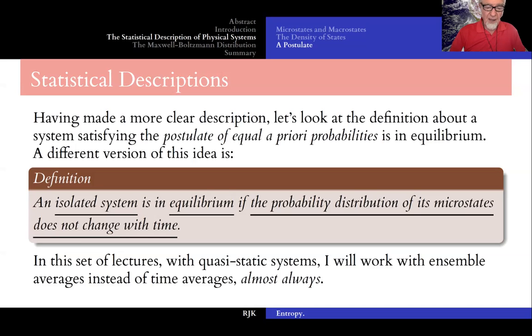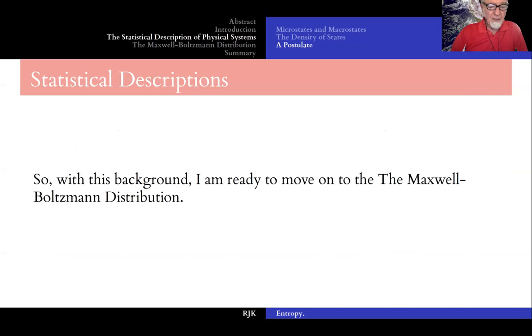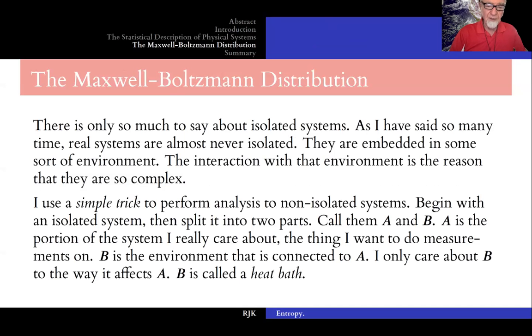I will almost always use ensemble averages instead of time averages because there are some problems with time averages, but if the system is ergodic, then it doesn't matter. So I'm finally ready to move on to the Maxwell-Boltzmann distribution, but we have some more work to do.